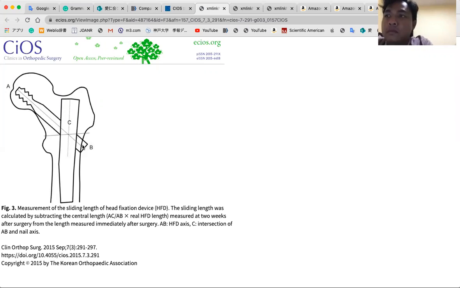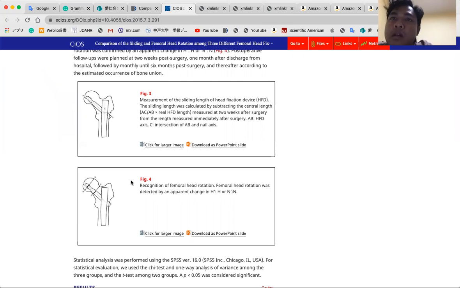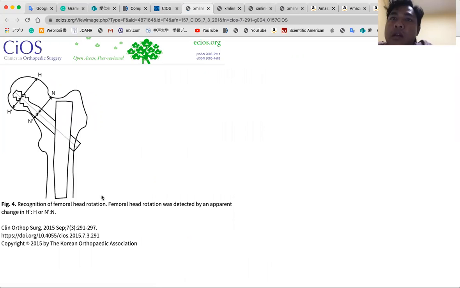Anyway, we calculated this sliding length, and we also calculated the femoral head rotation using this one. But this is a little bit inaccurate, because we calculated this length and this length at 1 week or 2 weeks after the operation. If the ratio of this one and this one changed, that implies femoral head rotation.